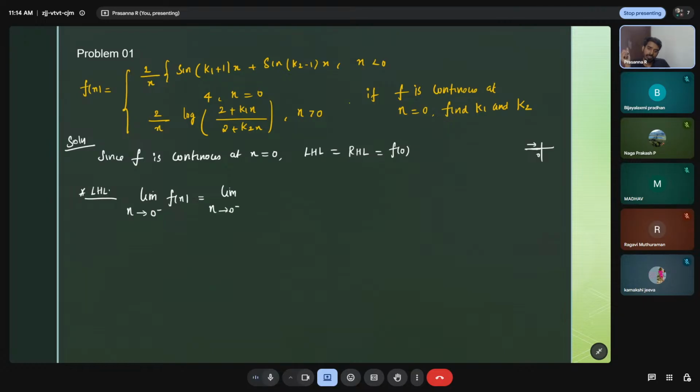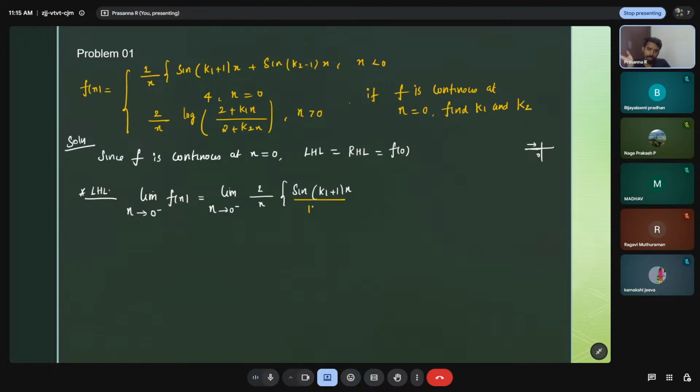So 0 minus stands for approaching 0 from the left. So it is the limit of (2/x) sin((k1+1)x). Can we apply the standard formula? We need to find the limit as x tends to 0 for this.